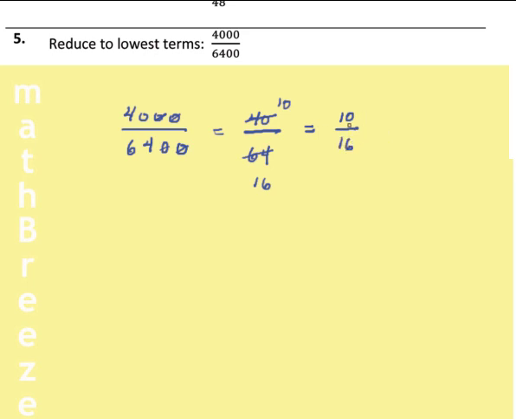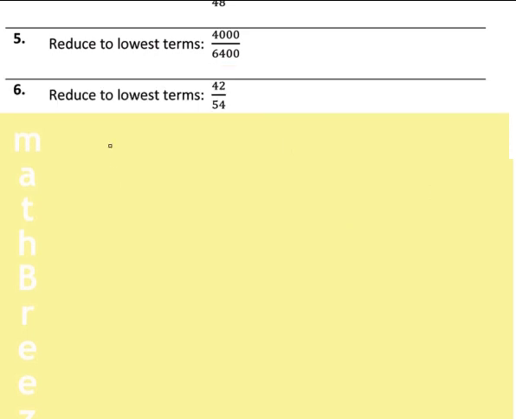Now numerator and denominator are both divisible by 2, so let's divide by 2. So here we have 5 and here we have 8. And we can no longer divide numerator and denominator by any number other than 1. So we have reduced to lowest terms.